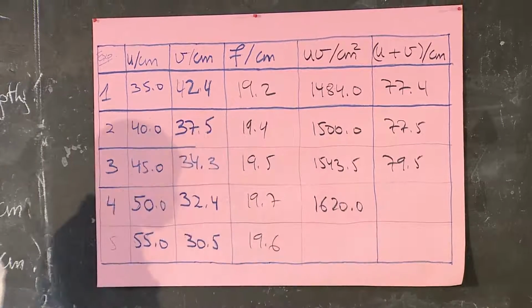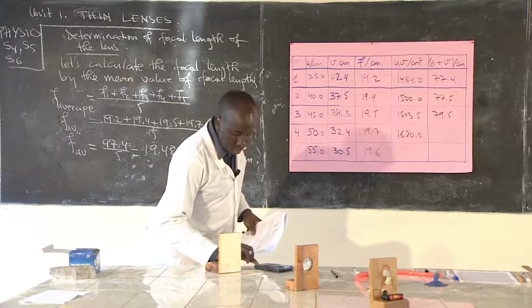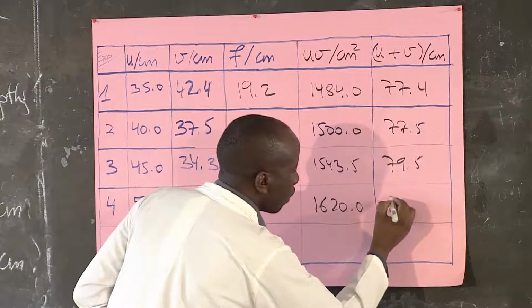We have one decimal place, and the sum of the two gives 82.4.